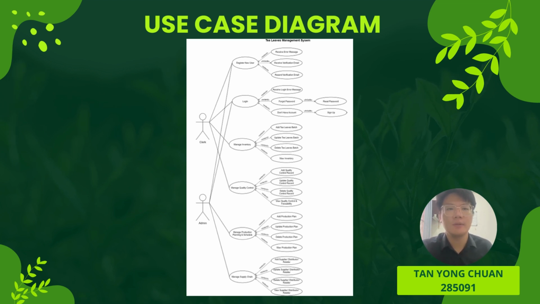The next main functionality option is Manage Production Planning and Schedule, which is accessible by the admin only. When the admin chooses this option, they can choose the sub-use case, which is add, update, delete, and view the production plan.